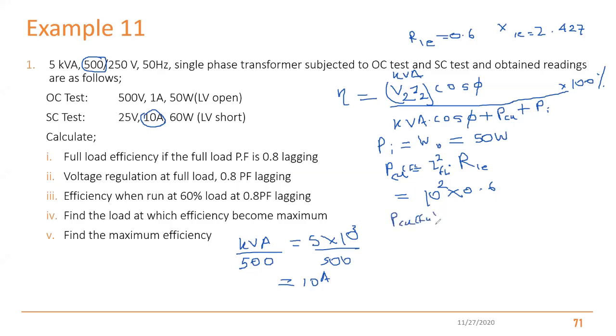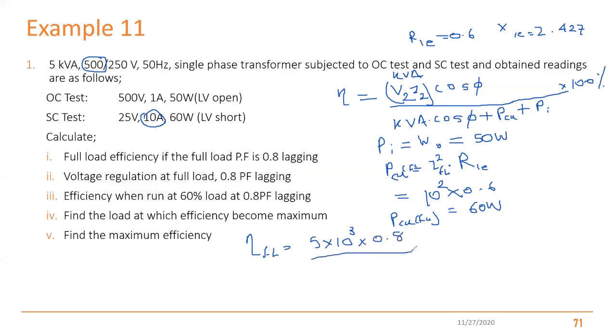Copper loss at full load is equal to 60 watt. Now I can use the definition to find the efficiency at full load. This is the kVA value directly, that is 5 into 10 to the power of 3. The power factor is given as 0.8, so 5 into 10 to the power of 3 times 0.8.